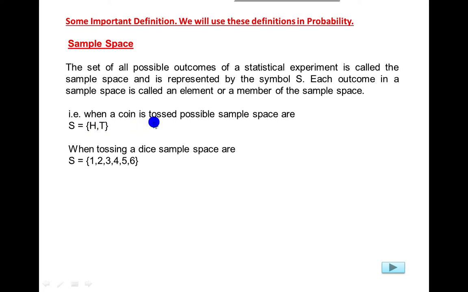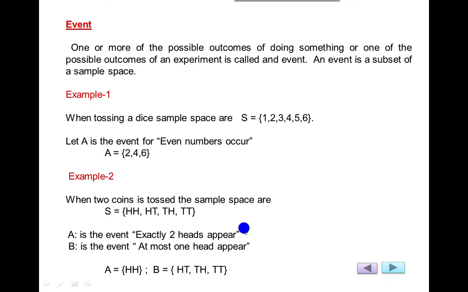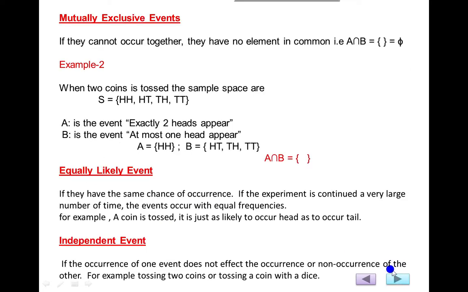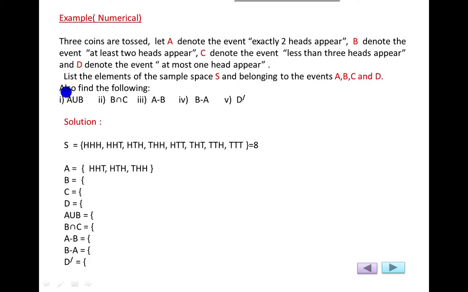There are 2 sides of the coin, 2 power 1. If you throw a coin 2 times or 2 coins 1 time, 4 outcomes, 2 power 2. Same as 3 coins are tossed, outcomes will be 8, 2 power 3.